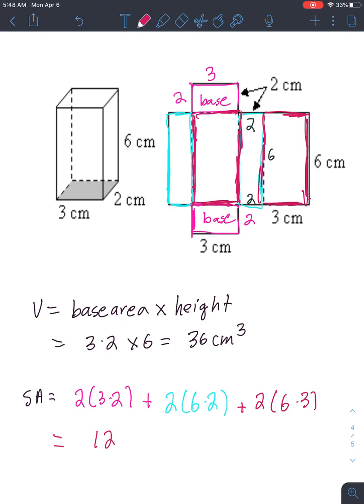And now we have 12 plus 24 plus 36. These are all multiples of 12, so that's cool. So that ends up being 36 plus 36, which is 72 square centimeters. And that's pretty much it.